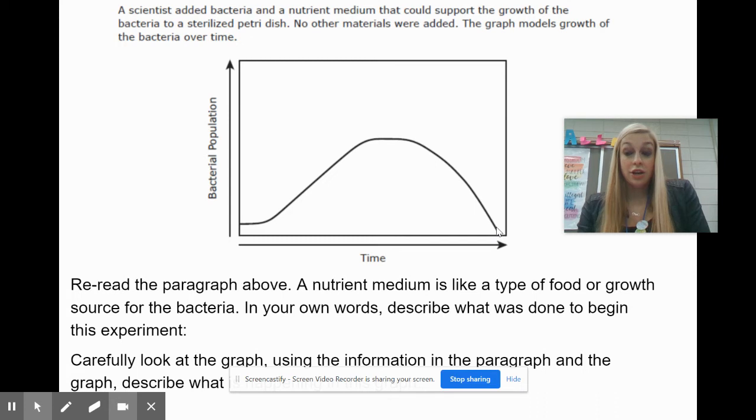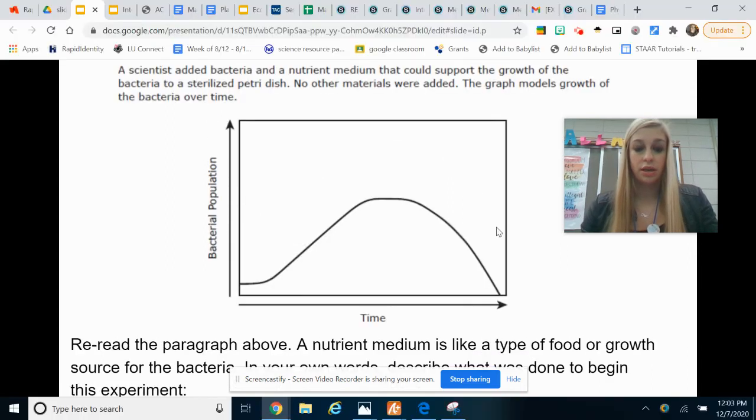So now that I have an understanding of the graph and the question, I can read what's below. It says reread the paragraph above. We did that. A nutrient medium is a type of food or growth source for bacteria. In your own words, describe what was done to begin this experiment.